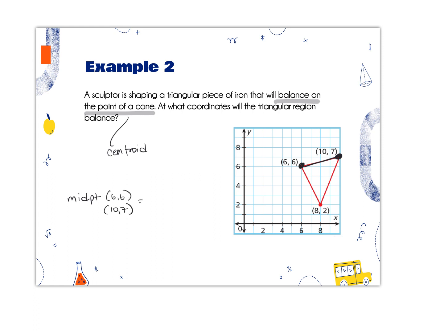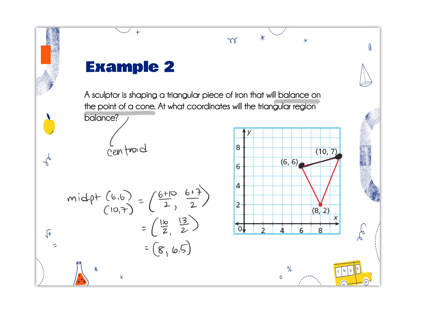Well, what's the midpoint of that? Remember that the midpoint is the average of my x's and the average of my y's. So the midpoint is going to be at 16/2 and 13/2, which is going to be 8 and 6.5.